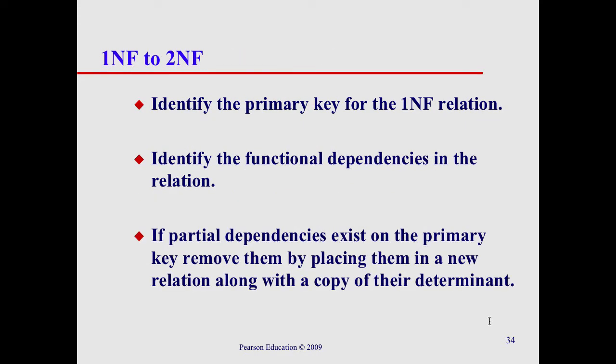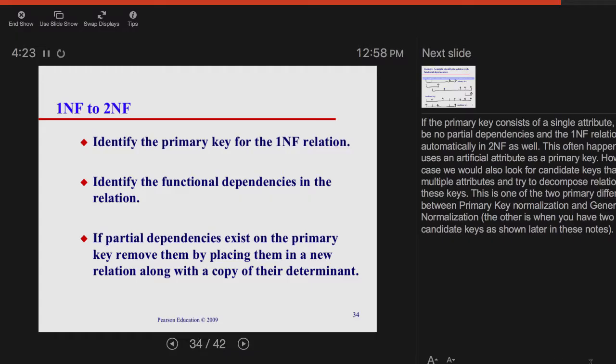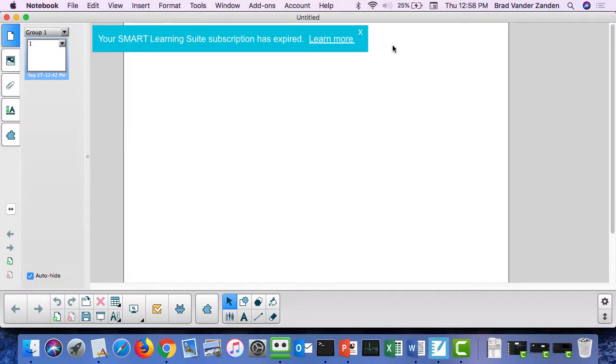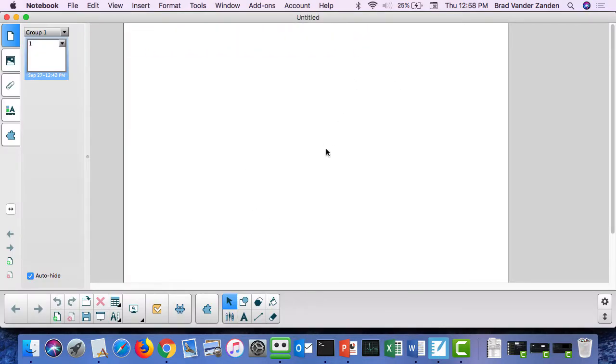So as an example, first of all, you have to identify the primary key. And one important thing is that if the primary key is a single attribute, then you already are in second normal form. I think I said that last time, but I'll write that down again because I think it's really important.